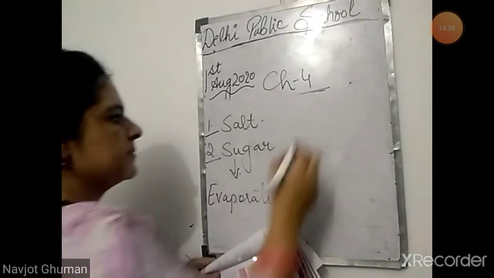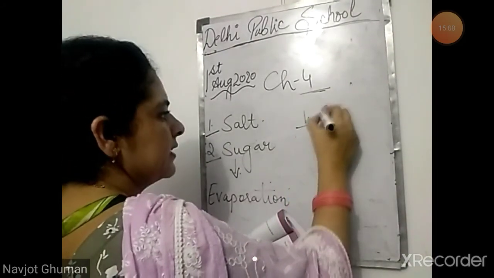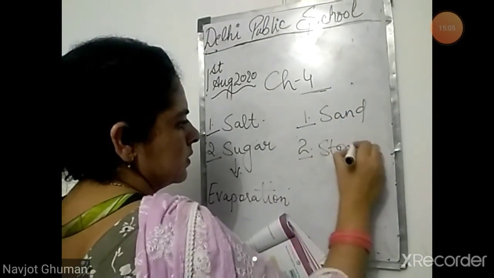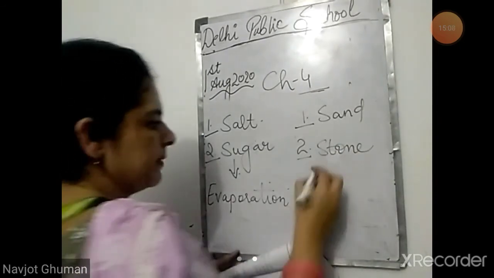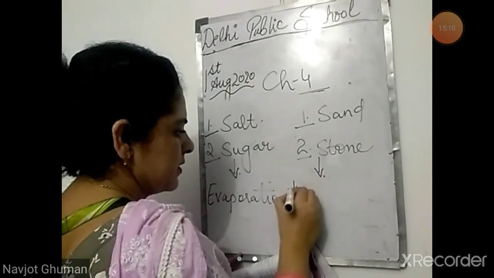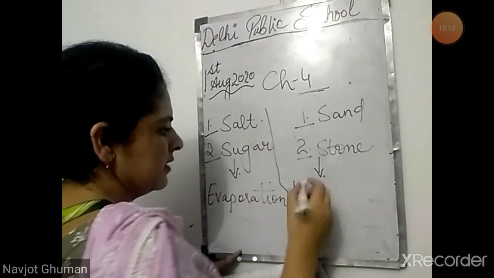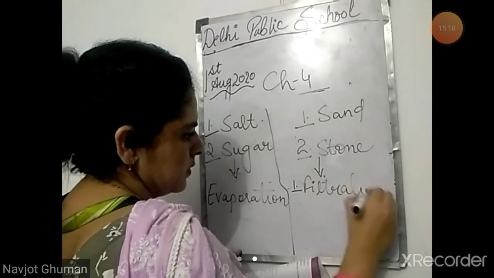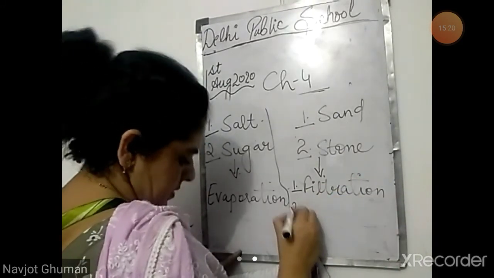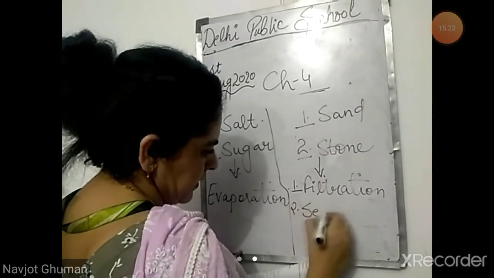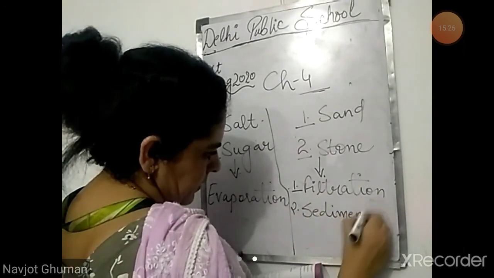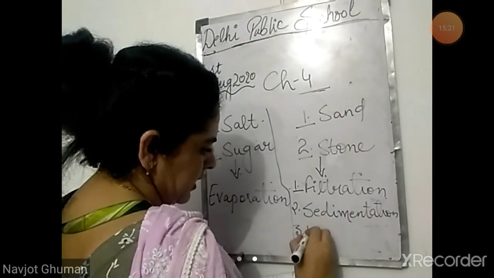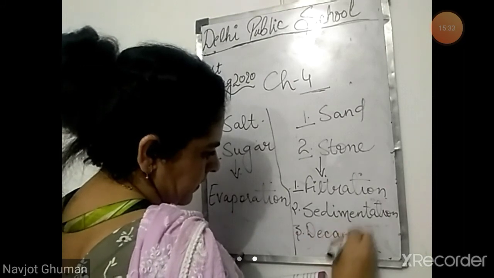Next, insoluble substances. First is given, that is sand. Second, you can write stone. And they are separated by, first process is filtration. Second is sedimentation. And third one is decantation.